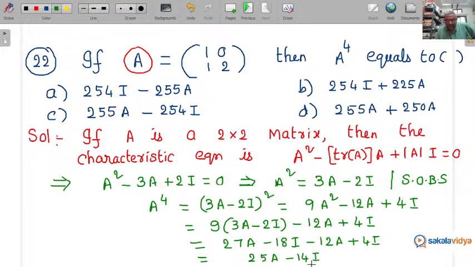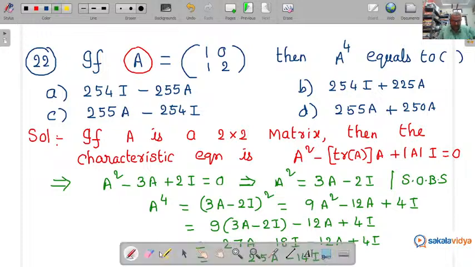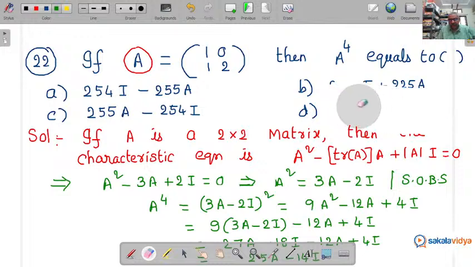So this much we shall get. So A to the power of 4 is equal to 15A minus 14I, you will get it now. So I need to change the option here. Better change this option now. One minute.